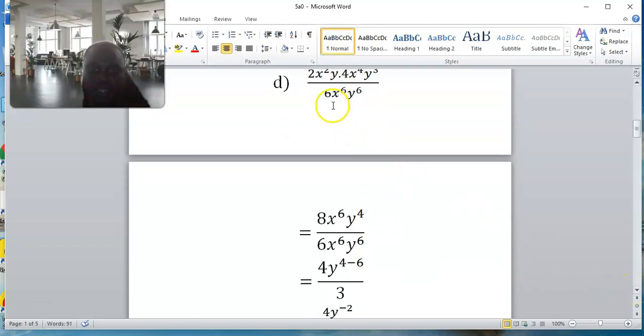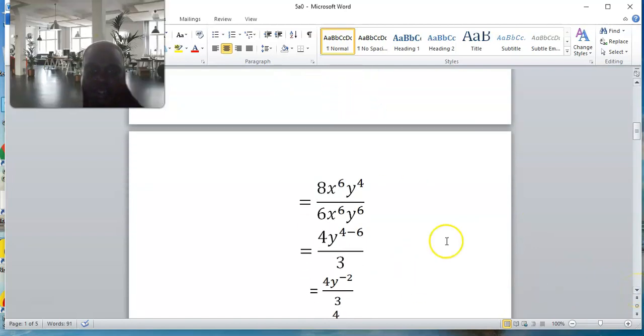Then the denominator is going to remain the same, but if you check here, 2 can divide 8 and it can also divide 6. 2 can divide 8, 4, it can divide 6, 3.